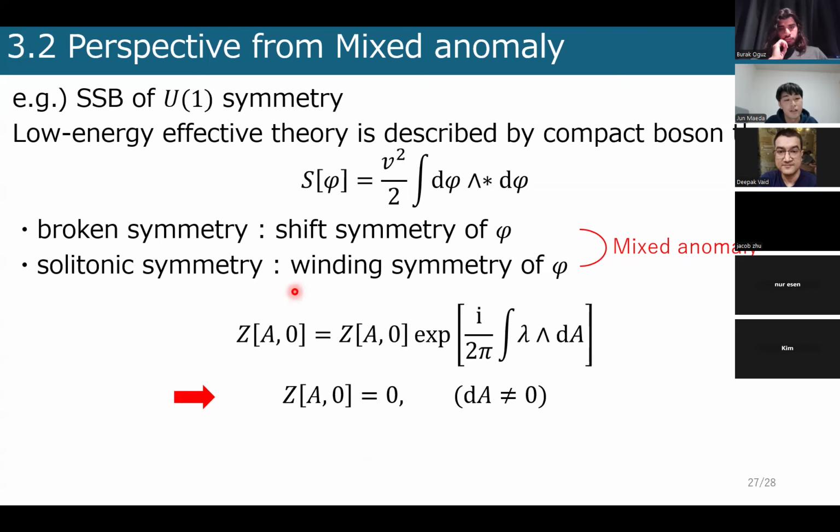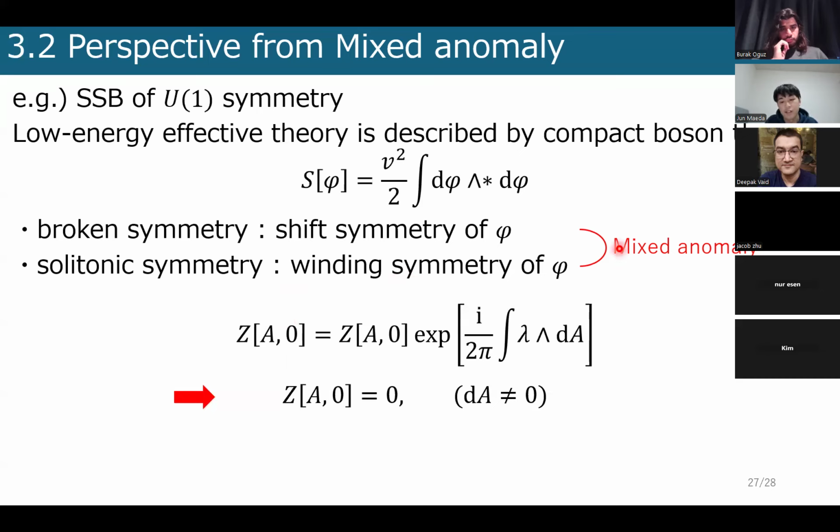Okay, then I will explain the U(1) symmetry case. The low energy effective theory of the U(1) SSB phase is described by a compact boson. And this theory has a shift symmetry of phi, which corresponds to the broken symmetry. And also this theory has a winding symmetry of phi, which corresponds to the symmetry of vortices.